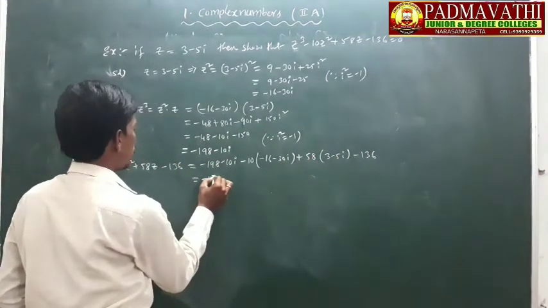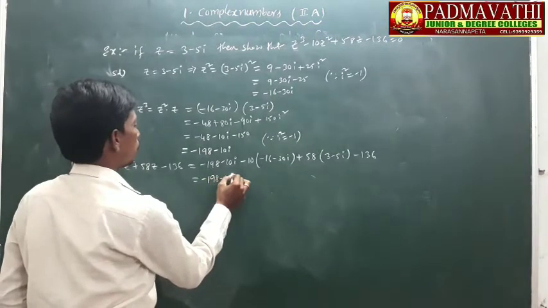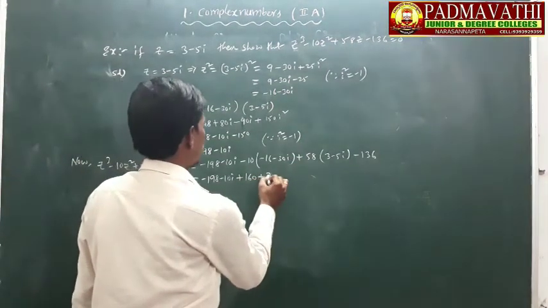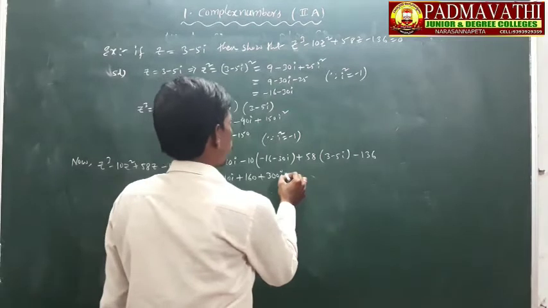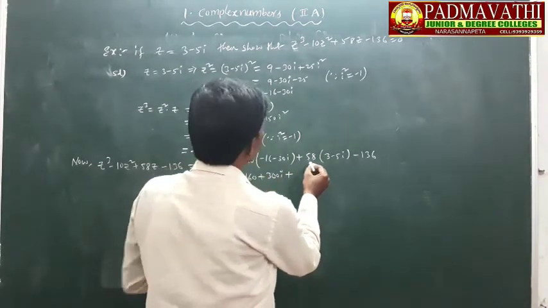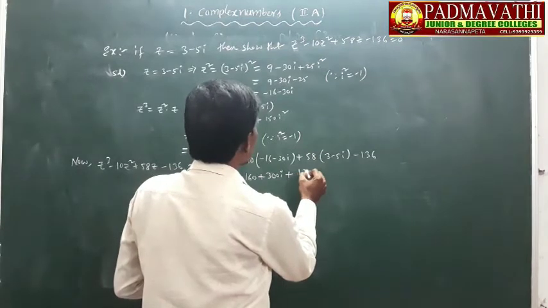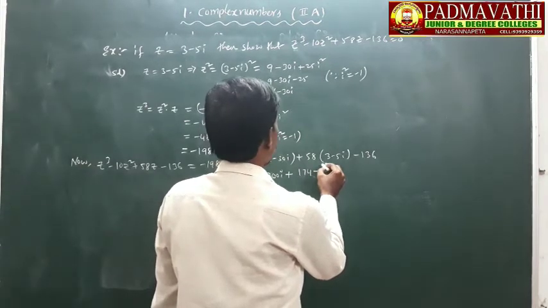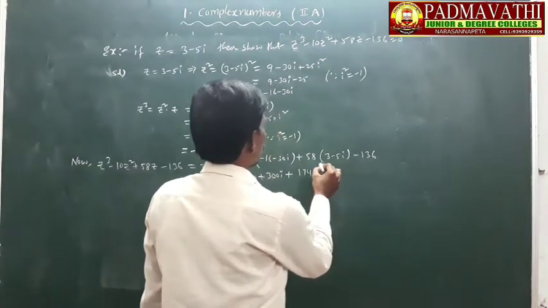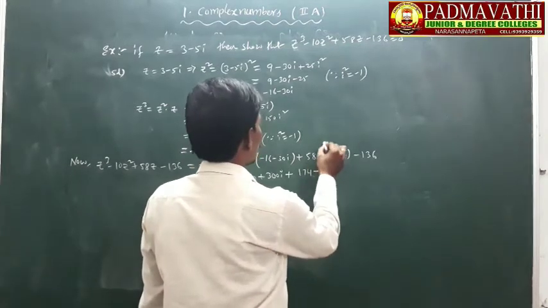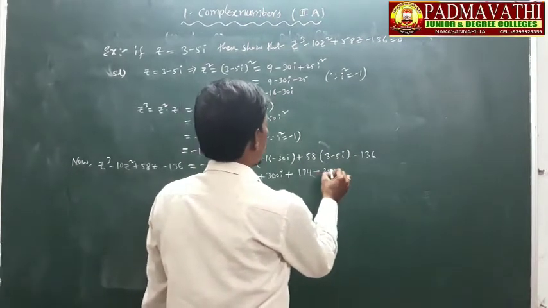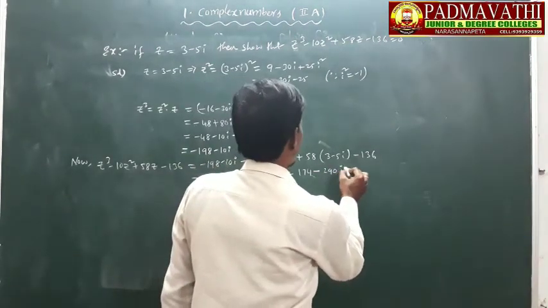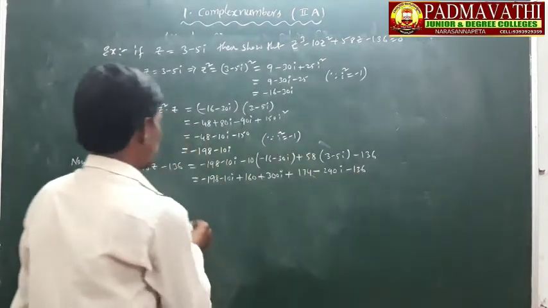Now this minus 198 minus 10i plus 160 plus 300i plus 174 minus 290i minus 136.